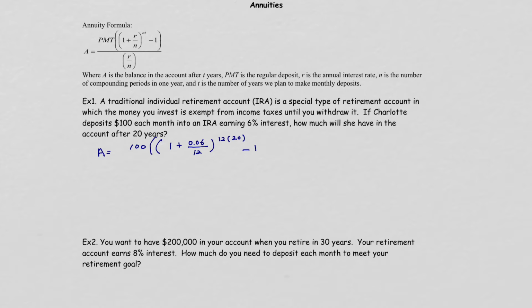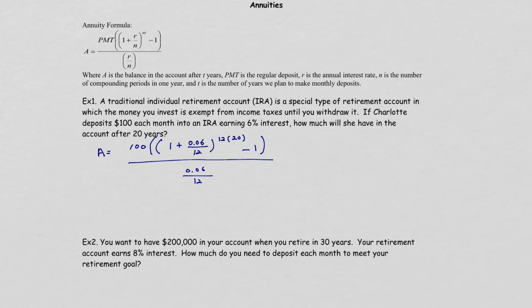Okay? And you need to have another parenthesis like that over your rate over your compounding period, which is 12, because monthly you're putting more money.